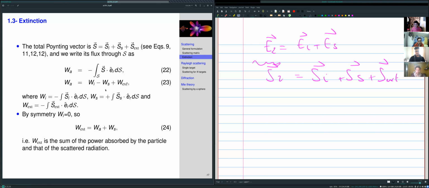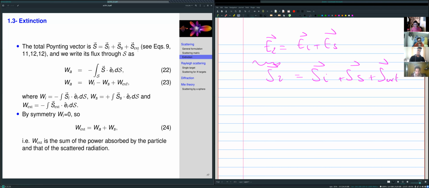We know that this is going to contribute a positive component through the sphere. And it turns out that we have also this additional term, and this additional term is not being radiated away, because what's radiated away are the scattered fields.